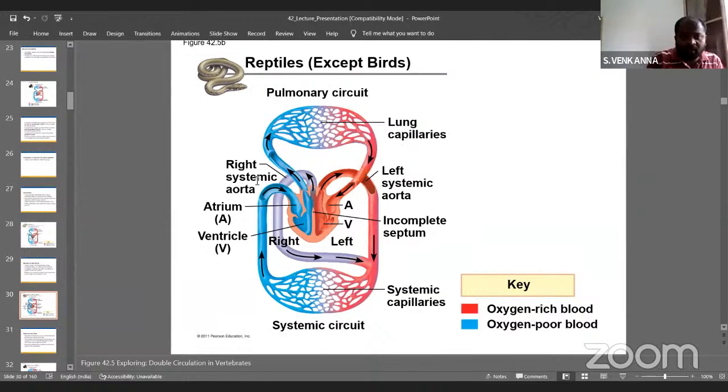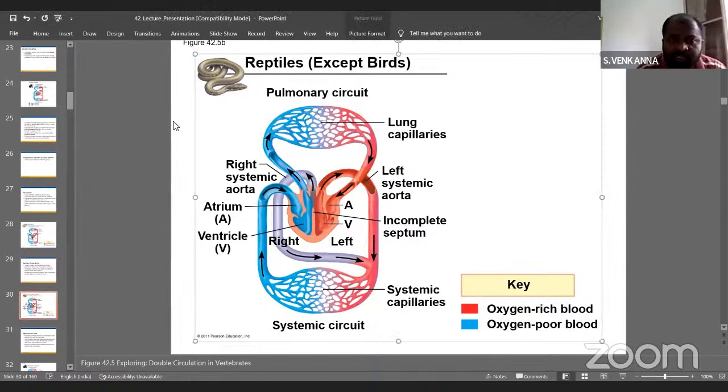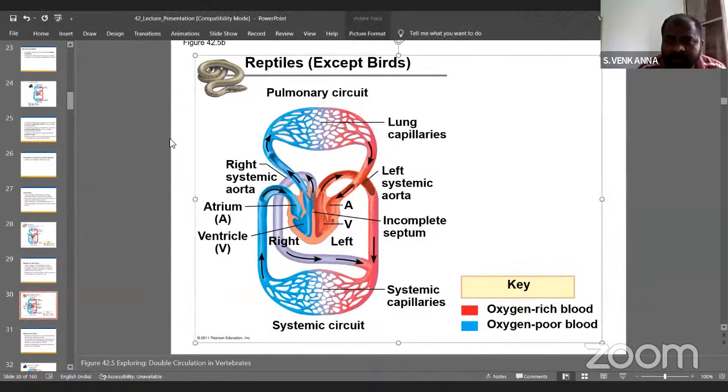The right systemic aorta and left systemic aorta, atrium and ventricles, left and right, and the systemic capillaries. So this is the structure of reptiles except birds.